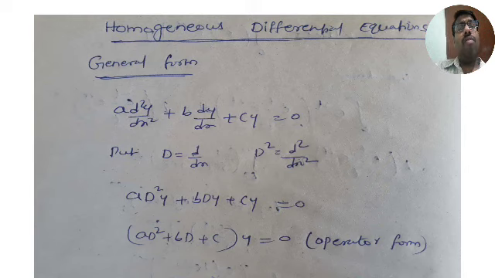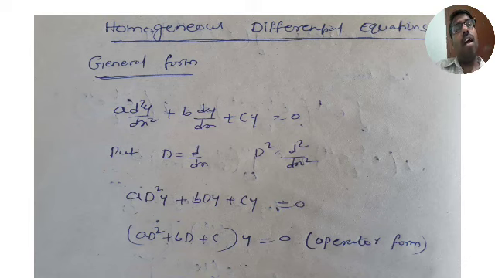So what is the order of this differential equation? Dy by dx is a first order derivative, d square y by dx square is a second order derivative. Since a second order derivative exists in this differential equation, the order of the differential equation is 2. So this is a second order differential equation.